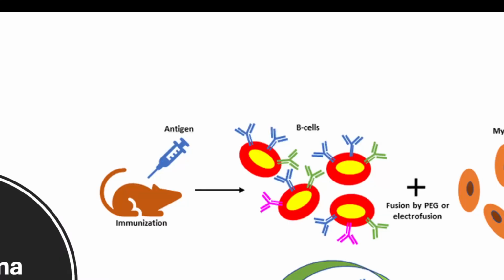Now, what is this hybridoma technology we are talking about? Here is a schematic showing all the steps involved in this hybridoma technology. Let me brief you about why this technology was invented and what is the purpose of this technology. Hybridoma technology is the technology to produce long-lived plasma cells for massive production of antibody.